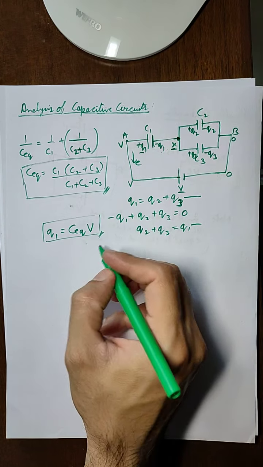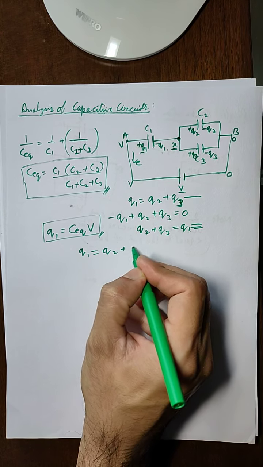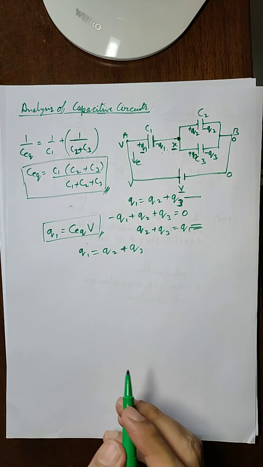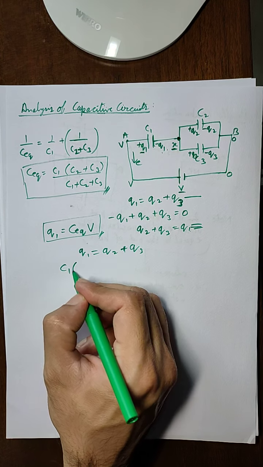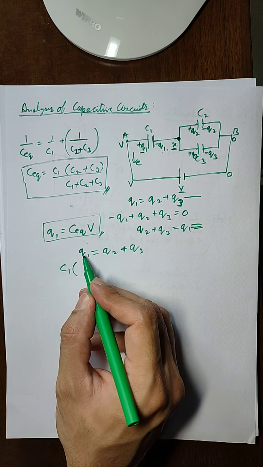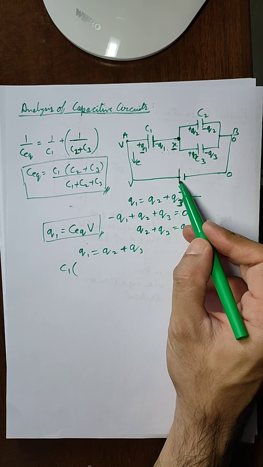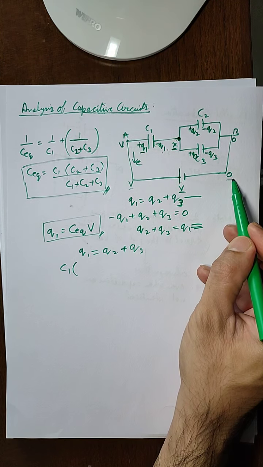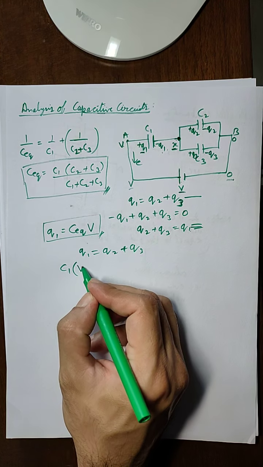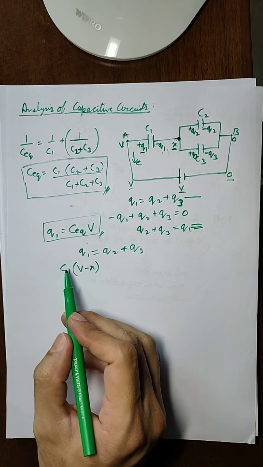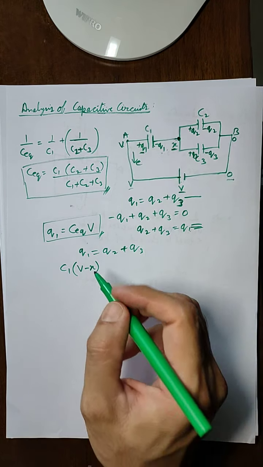So using the equation Q1 equals Q2 plus Q3, we can write that Q1 is equal to C1 into the potential difference on this capacitor. The potential difference is equal to V minus X, just like the potential difference on the battery is V minus 0. So the potential difference on C1 will be V minus X. So this is the formula for Q1 for this respective circuit.